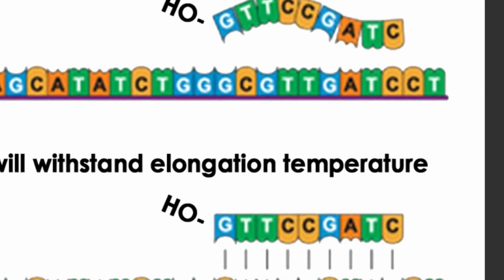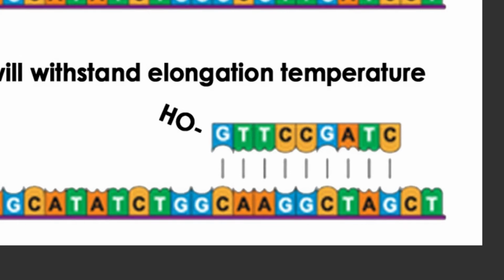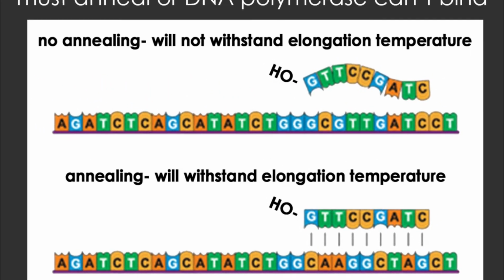Opposed to the bottom example, which, because it's perfectly complementary to the template DNA, can withstand that 72 degrees Celsius. And so when DNA polymerase comes along, it will recognize that OH group and start to replicate the rest of that piece of DNA, utilizing that OH group to catalyze the reaction.